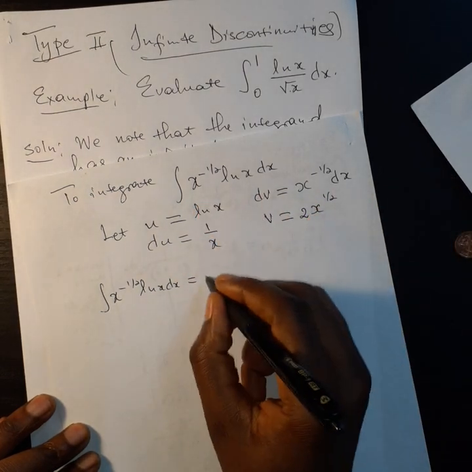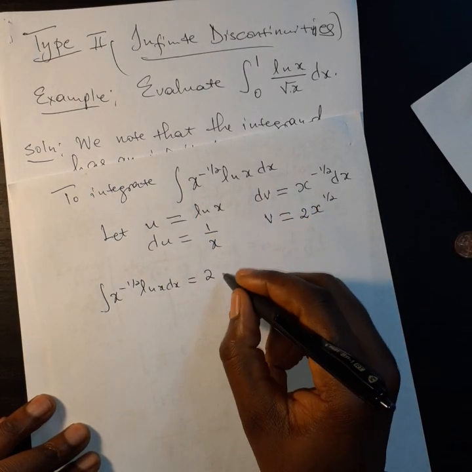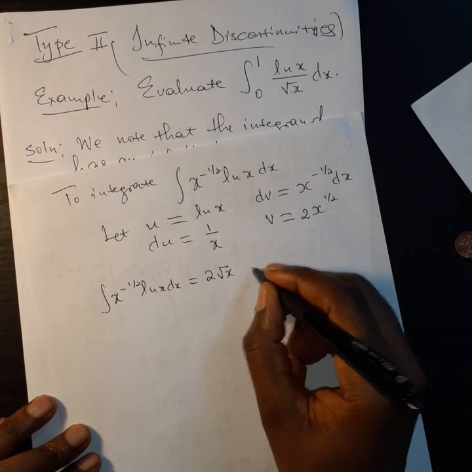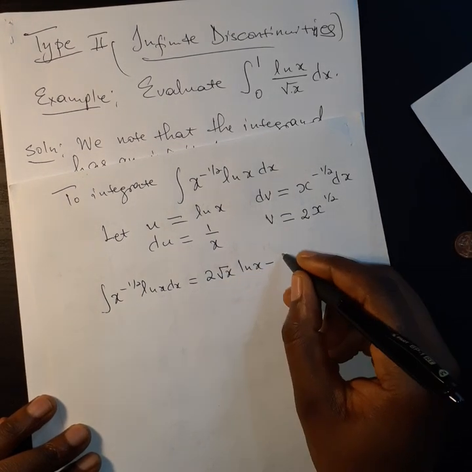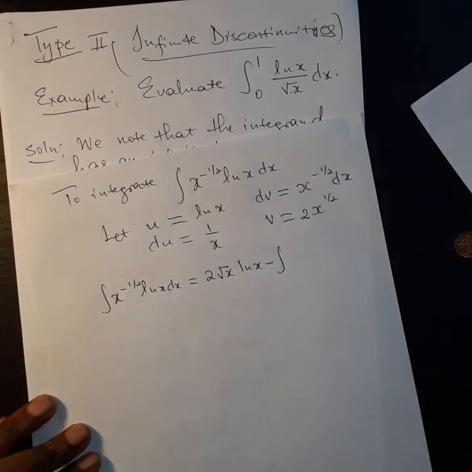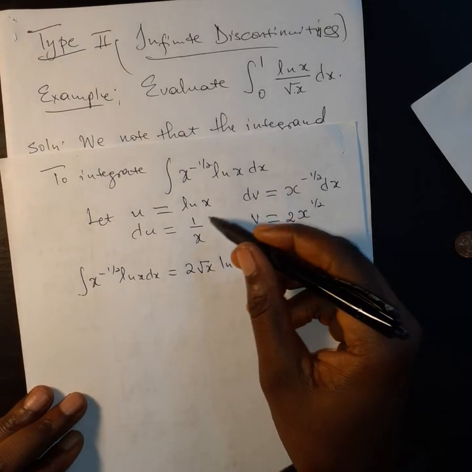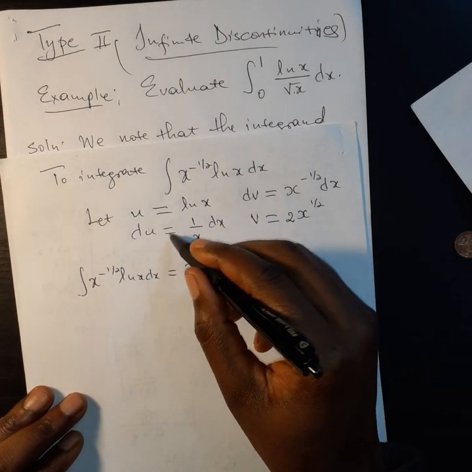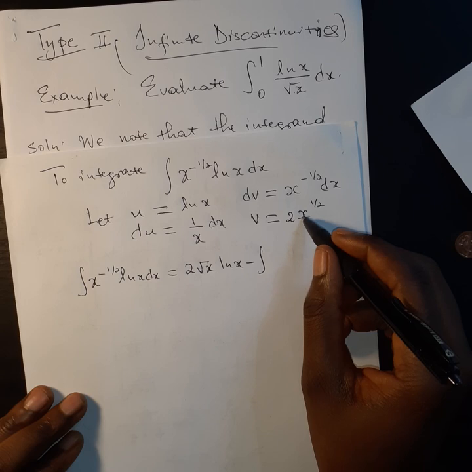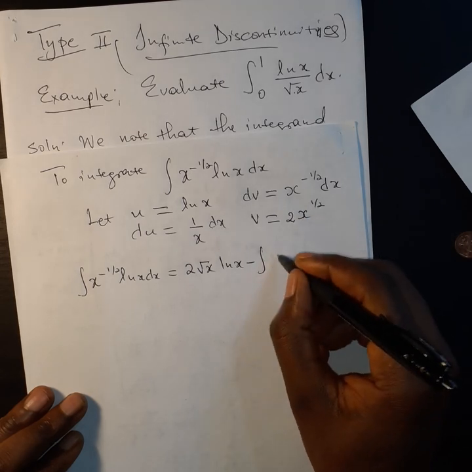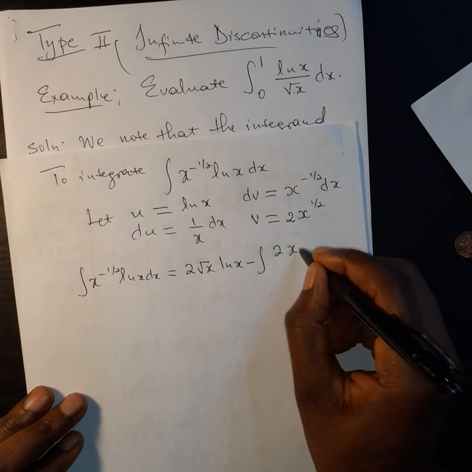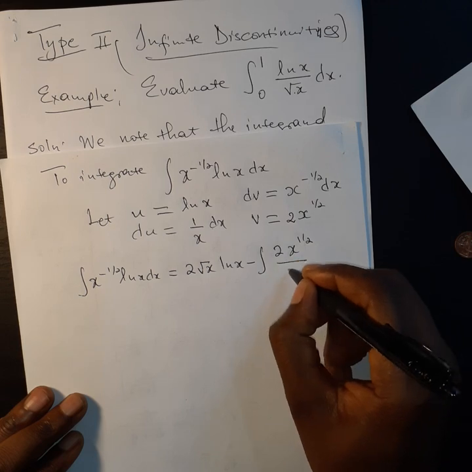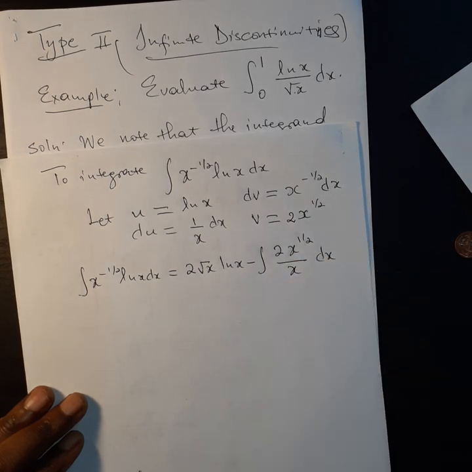Uv is 2 square root of x ln x minus the integral of v du. This is du. This is our v.